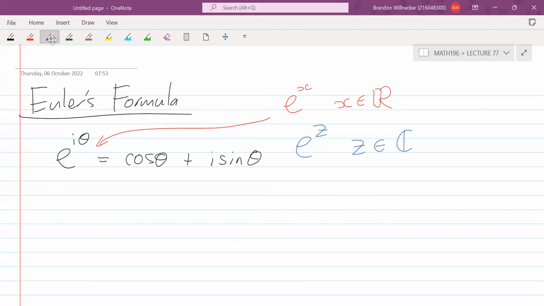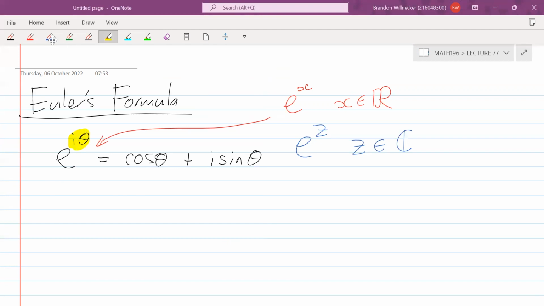So we're going to have e to the z, where z is now a complex number. The exponential function has been extended, so the domain's bigger now. Instead of just having the real numbers as the domain, this complex exponential now has the complex numbers as its domain. Remember z can have a real part and an imaginary part. Here we're only dealing with the imaginary part, this e to the i theta part.